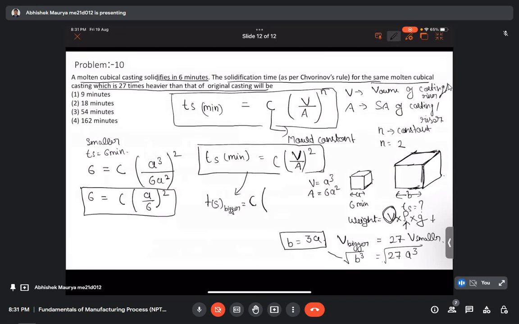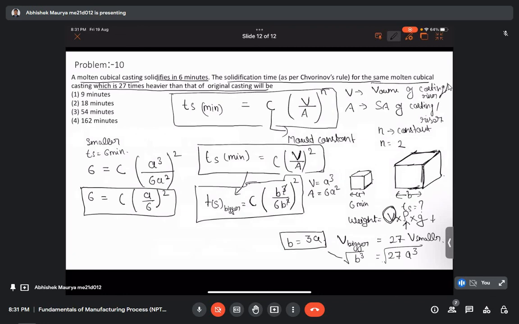We have this ratio as B cube by 6B square, whole square. So here we are calculating the time of solidification for the bigger casting, and we have put in all the values we know.